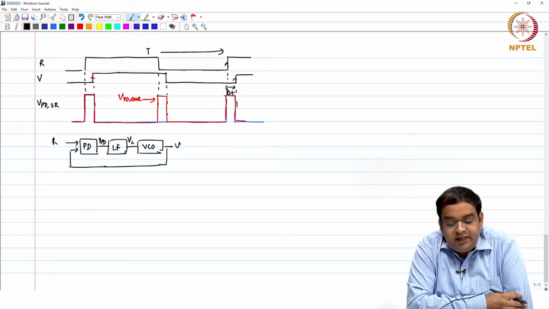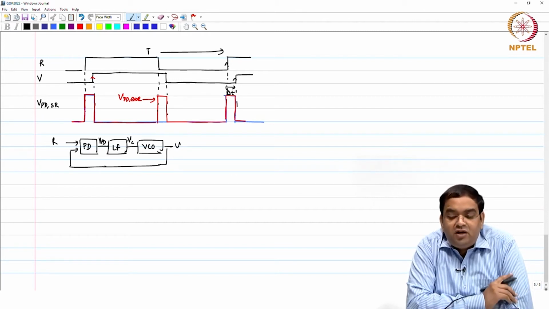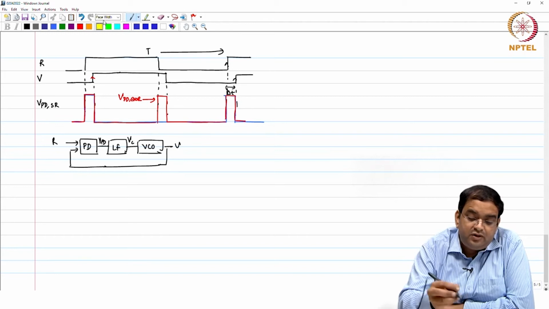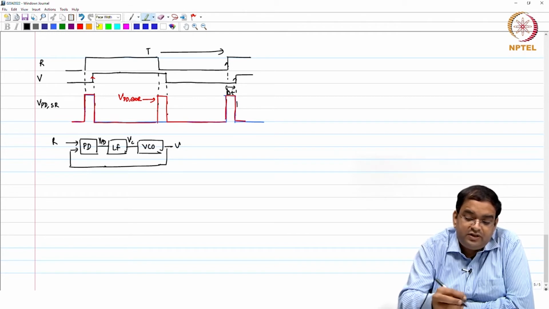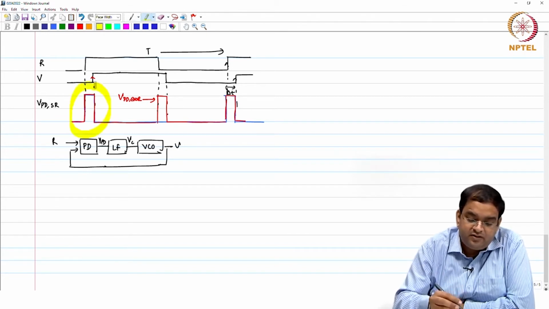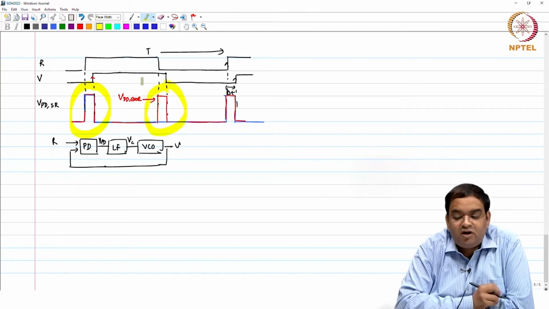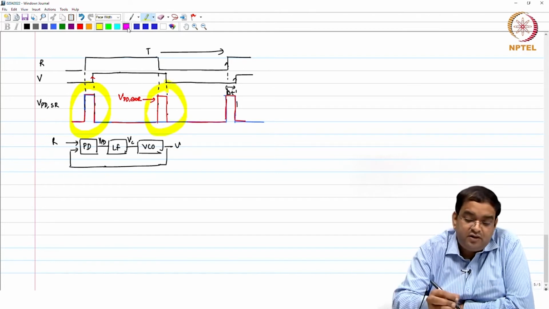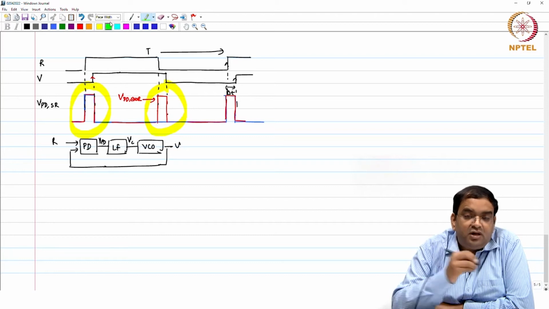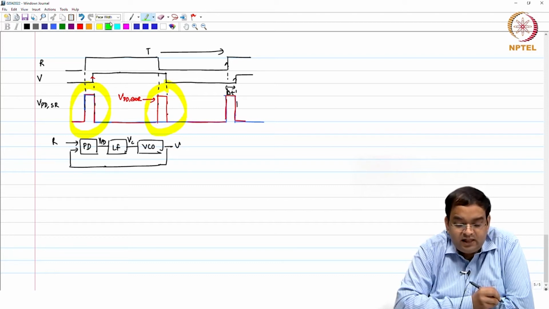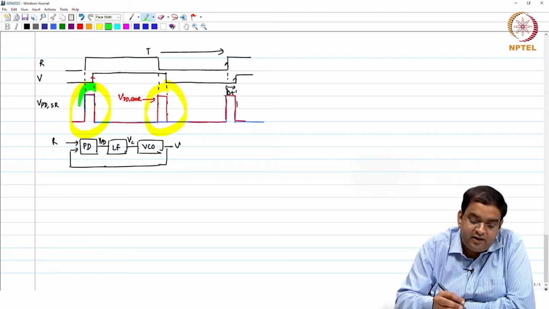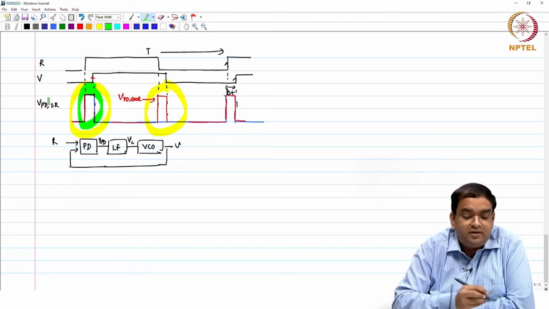So, in case of XOR based phase error detector, your VPD is changing twice every clock period. What are these two instances at which the VPD is changing? One is this, other is this. Every clock period it changes twice, whereas your VPD for the SR latch based phase error detector changes only once.